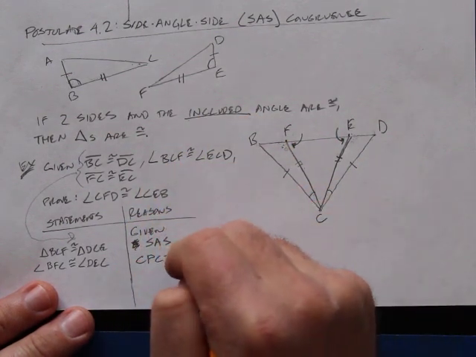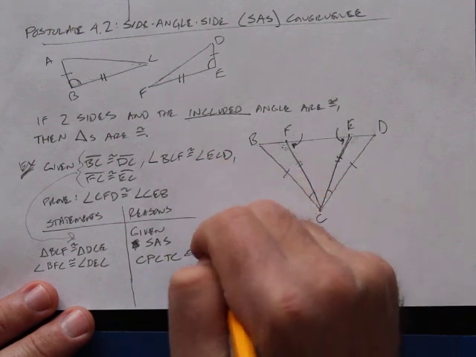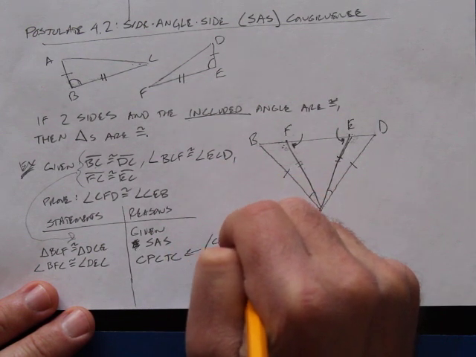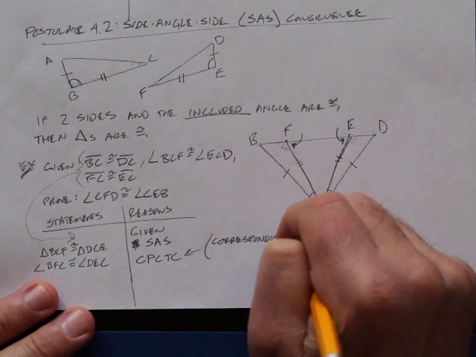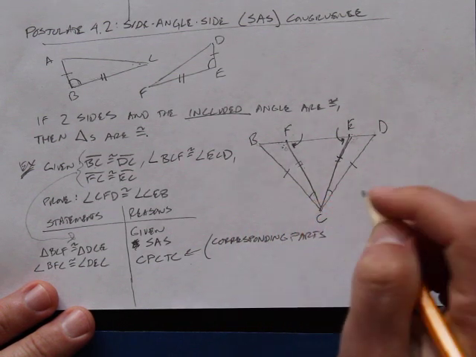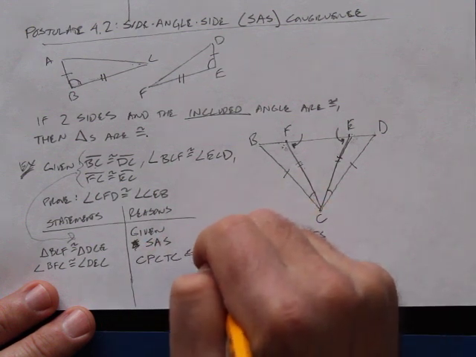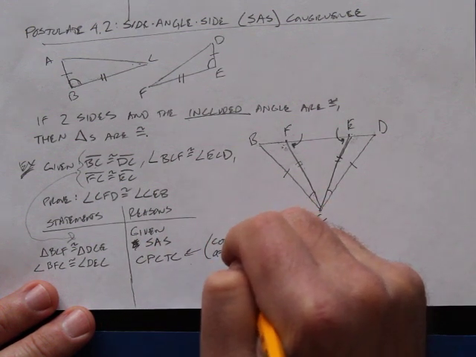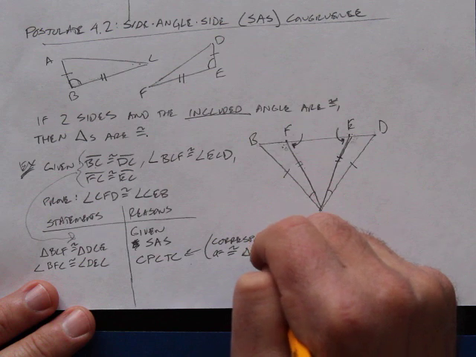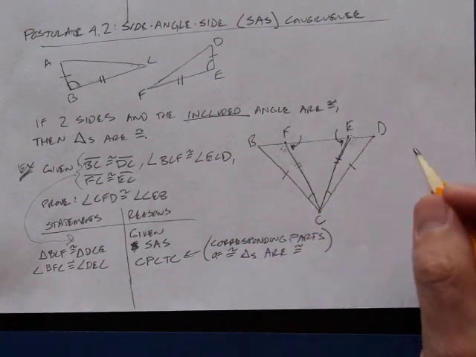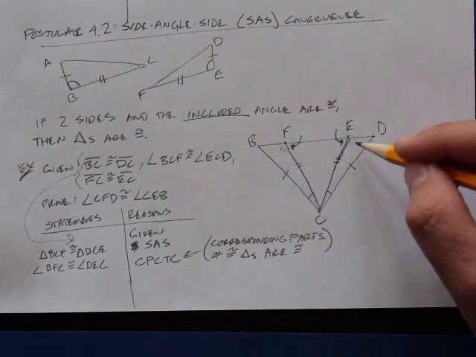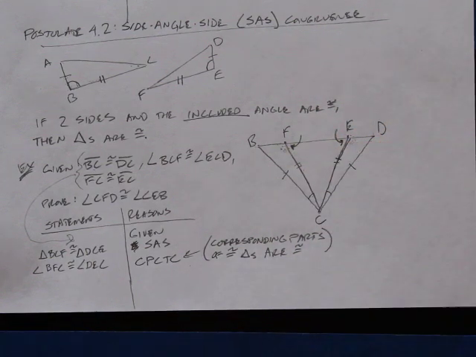This is an abbreviation for corresponding parts of congruent triangles are congruent. That just means if these two triangles are congruent, all of their parts are also congruent, all the corresponding parts.